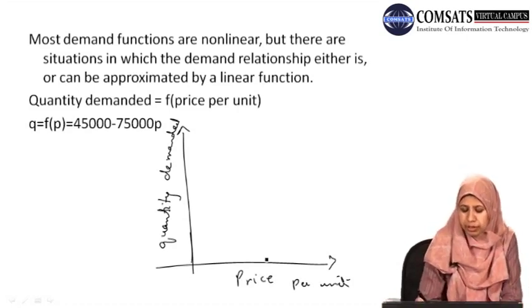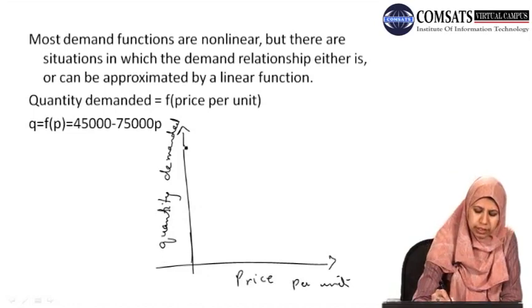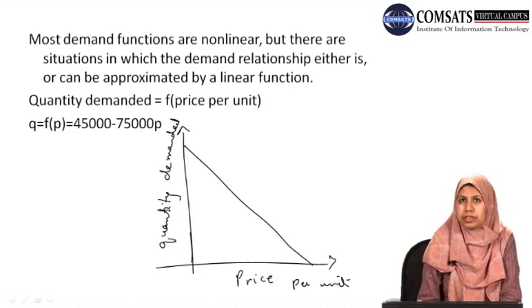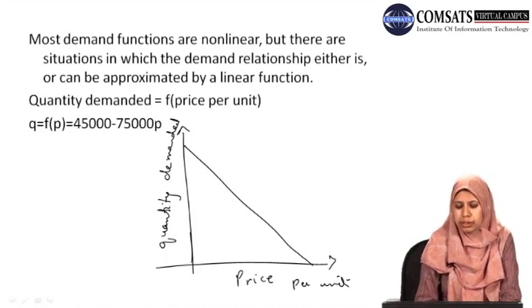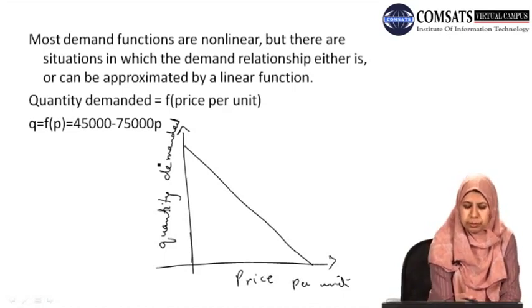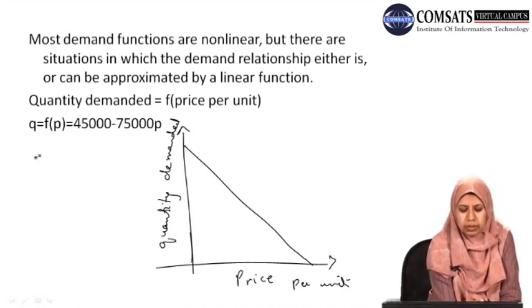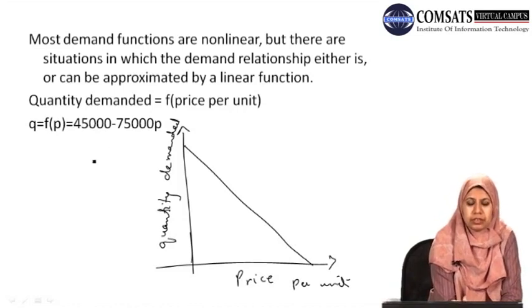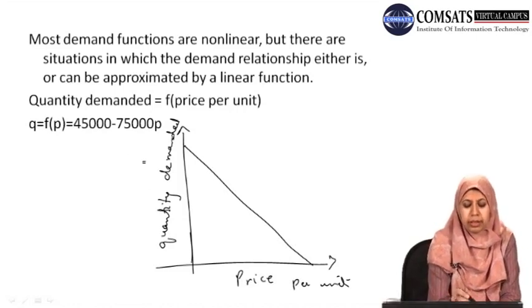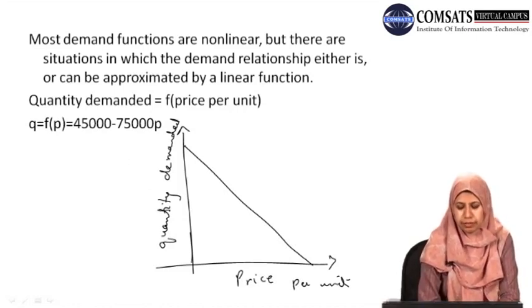If the price is high, the quantity demanded will be less, which means that they are inversely proportional to each other, and the graph of this linear demand function will have a negative slope. As we can see from this particular example, quantity q = 45,000 minus 75,000p, where p is the price per unit, and here m, our slope, is negative.